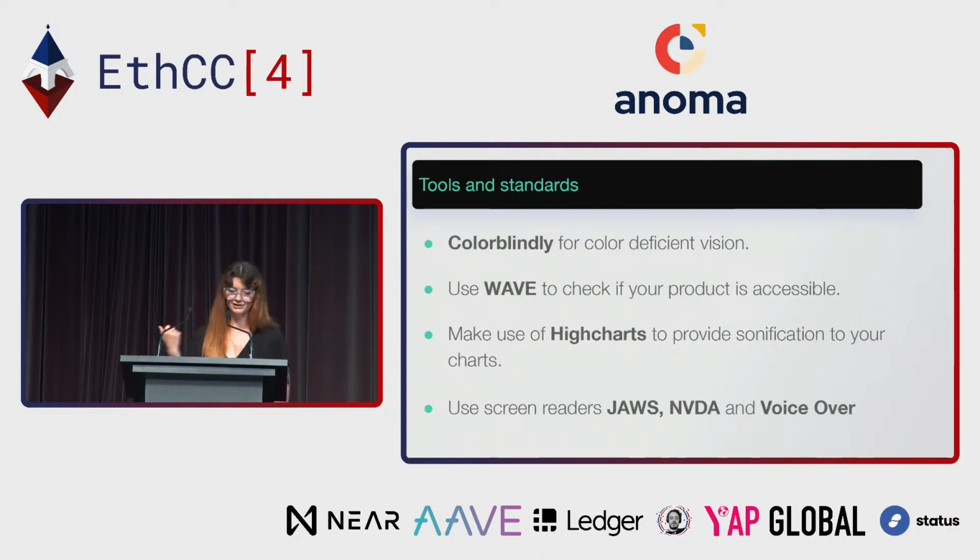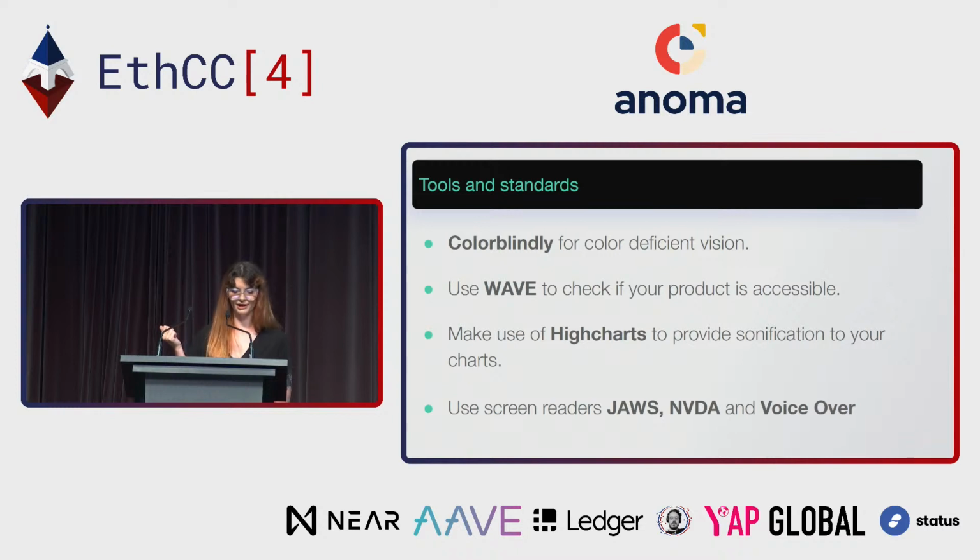And there are some tools and standards that you might want to check. There is Colorblindly, which is a third-party plugin for your browser, and it checks your content for color deficit vision. You can use Wave, which runs a quick accessibility test based on the WCAG standard.